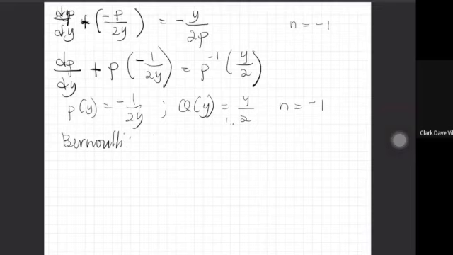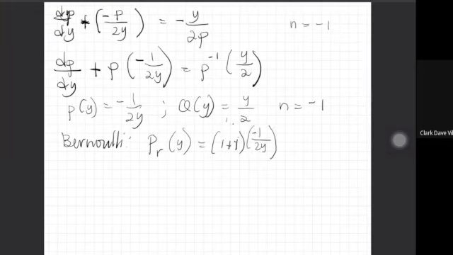To transform this, we have to find PR of y, which is 1 minus n. But what is our n? Negative 1. So this becomes positive now. And then we have negative 1 over 2y. So simplifying, this is 2, and we have a 2 here, so this will cancel out.